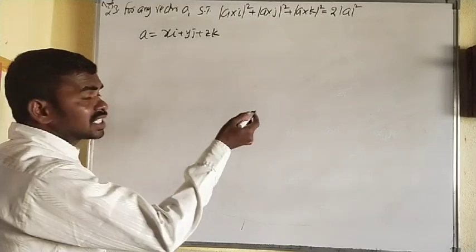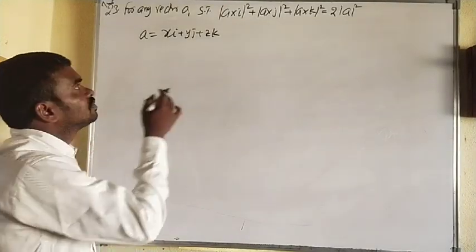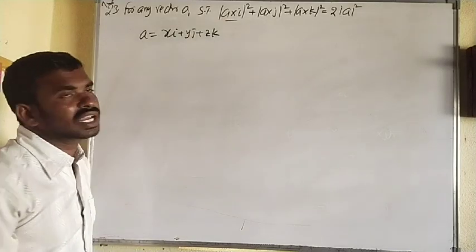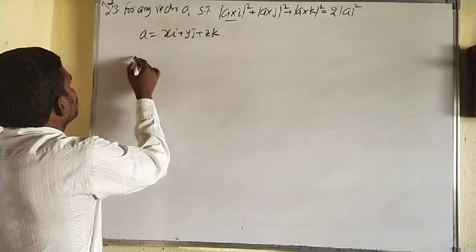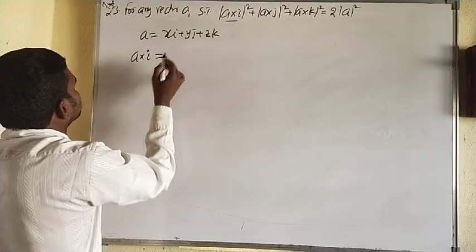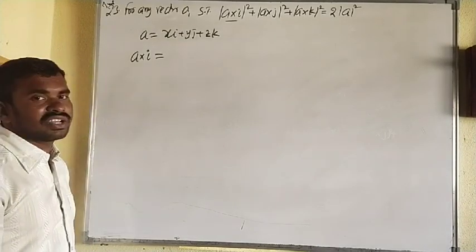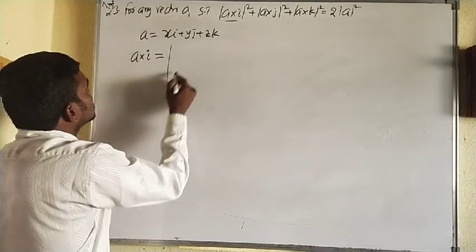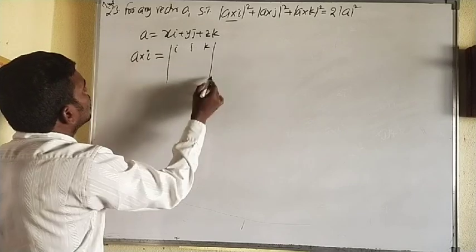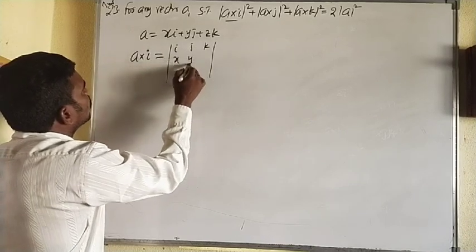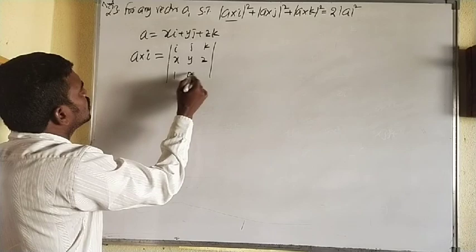First method. How to do it? First simplify modulus A cross i whole square. So first, A cross i equal to what? A cross i means the determinant with i, j, k, the A elements x, y, z, and the i elements 1, 0, 0.